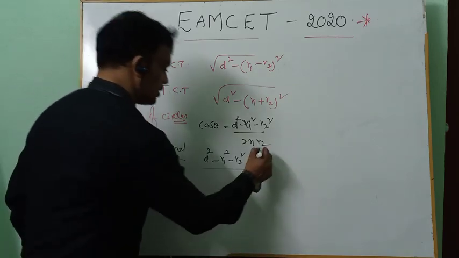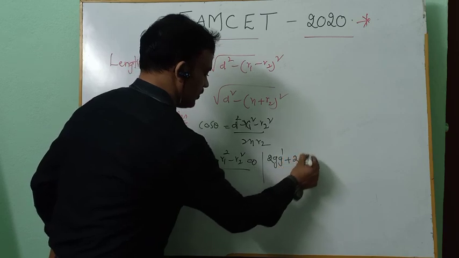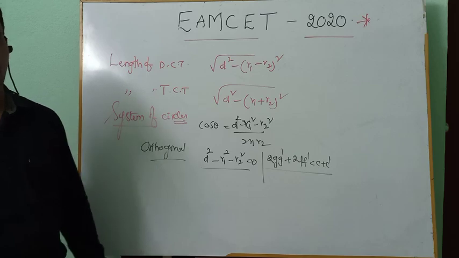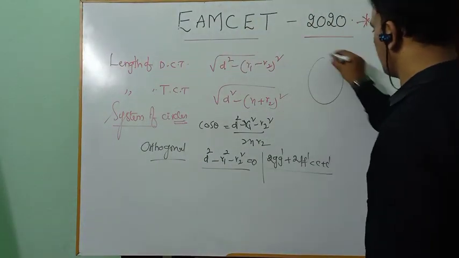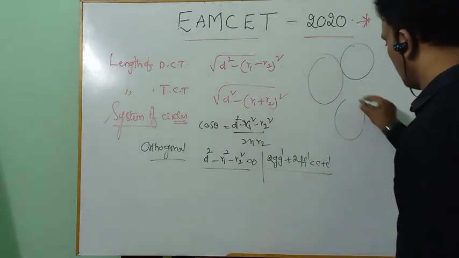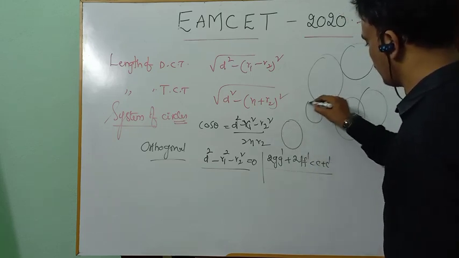One more condition is there, I think you know this one: 2g g dash plus 2f f dash is equal to c plus c dash. Then we are going to find the points when the two circles are given, whether they touch each other externally, or intersect, or are present exterior to each other.